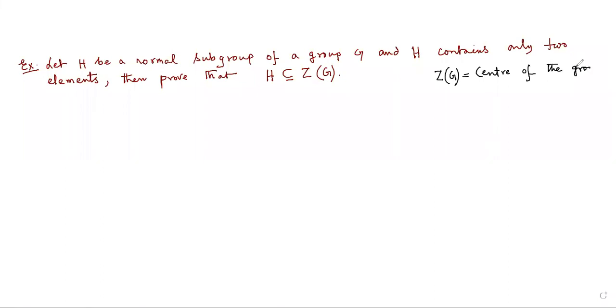The center of the group G is equal to all such elements of G such that that element commutes with other elements of G also. So this is called the center of the group by definition.